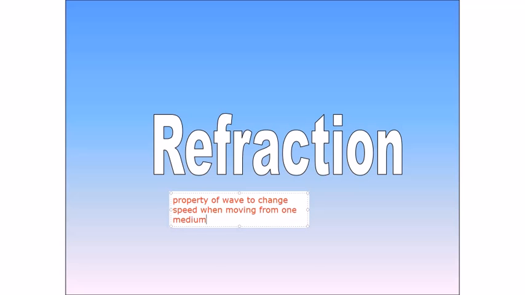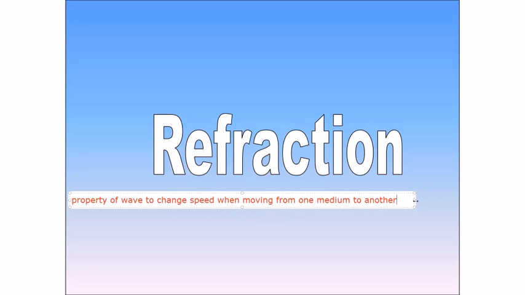Refraction of the wave means the property of a wave to change speed when moving from one medium to another. So when the wave travels from one medium to another, the wave will change its speed and we call that refraction.